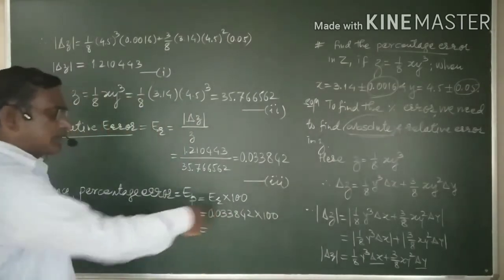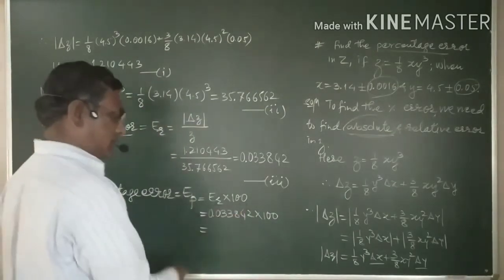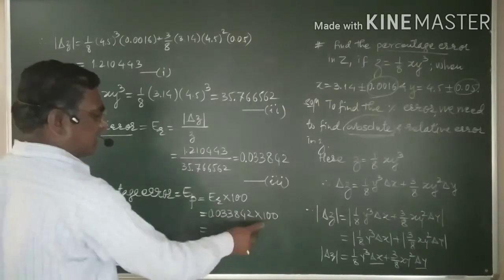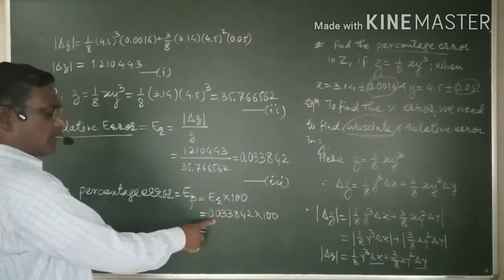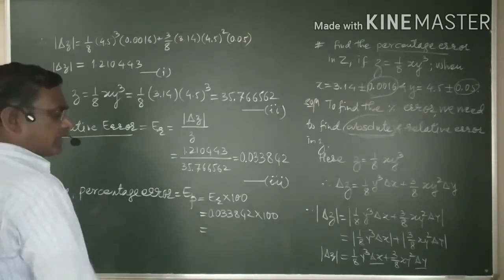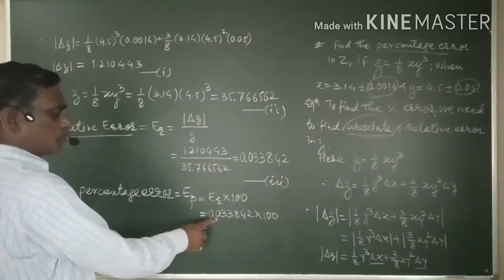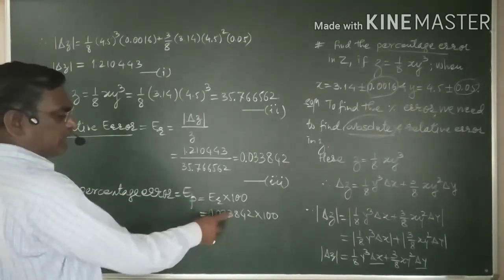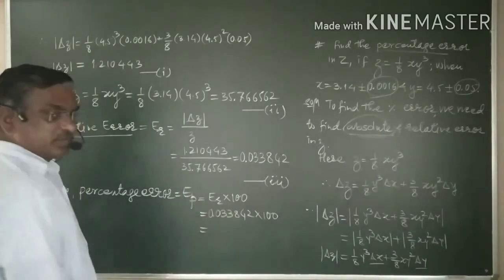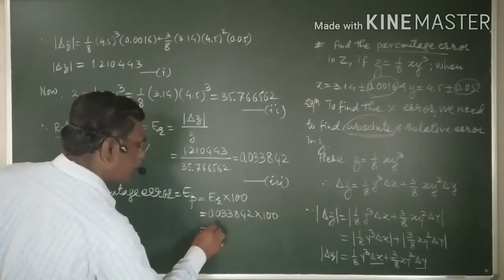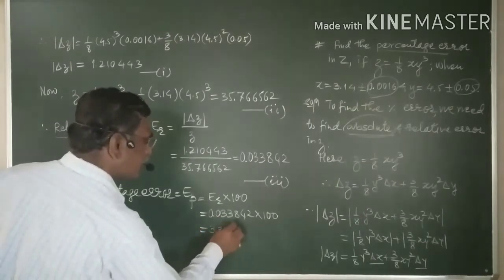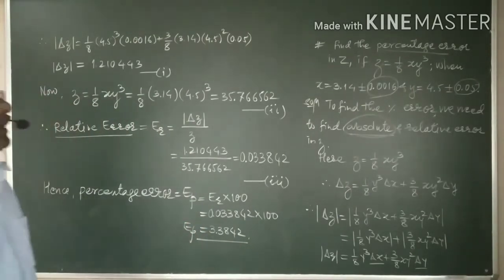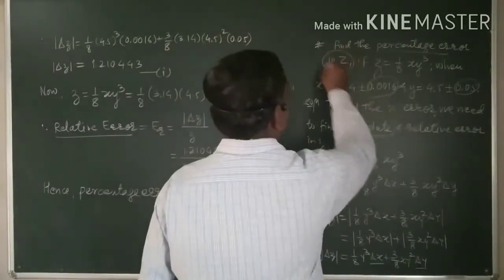You know the rules of multiplying by 100. If we multiply this quantity by 100, the decimal point will be shifted, as there are 2 zeros, by two digits. Therefore this is what you have, 3.3842, the percentage error in the argument Z.